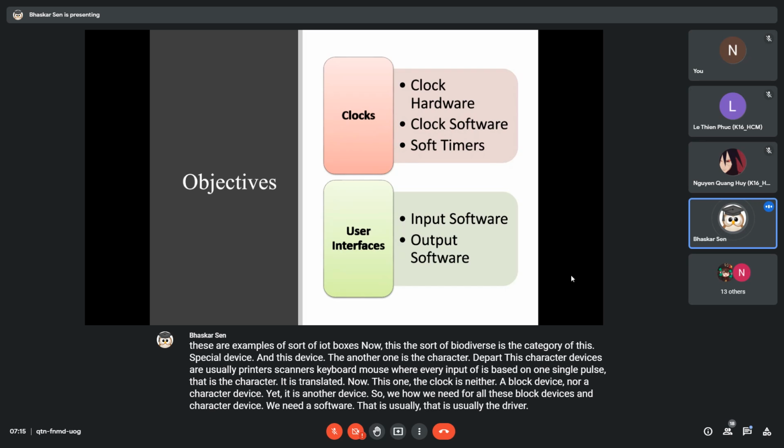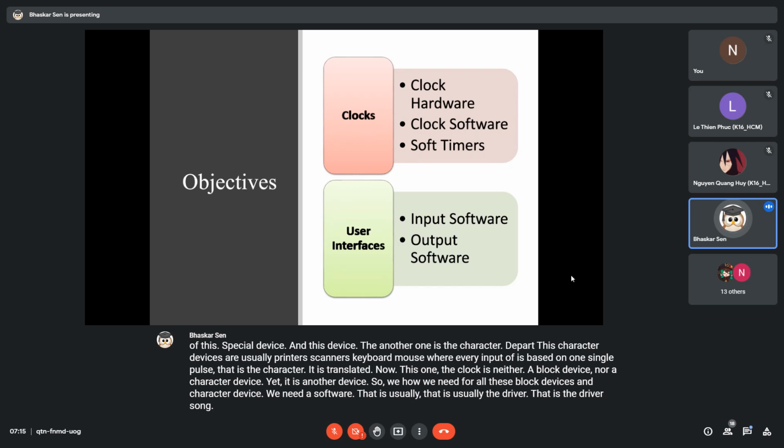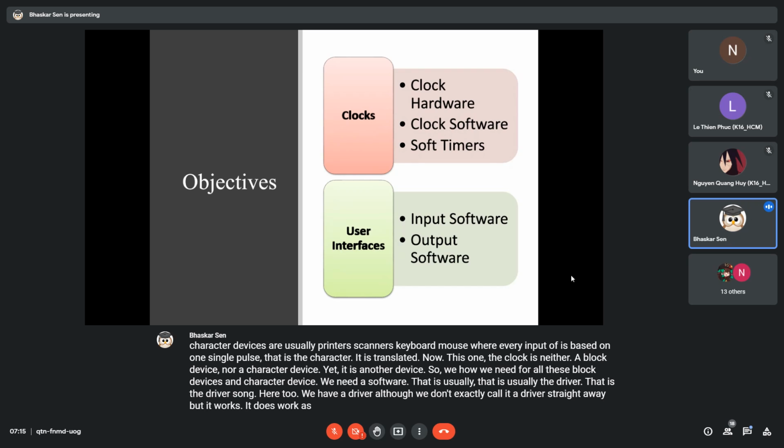Okay, that is the driver software. Here too we have a driver, although we don't exactly call it a driver straight away, but it works. It does work as a driver, and that is the software that works as a driver.